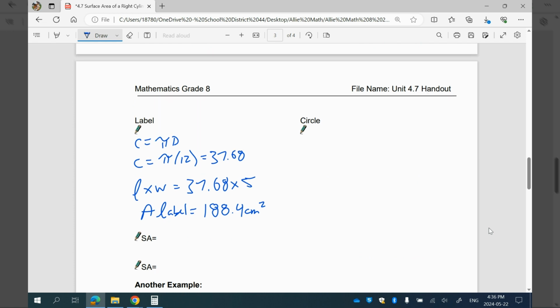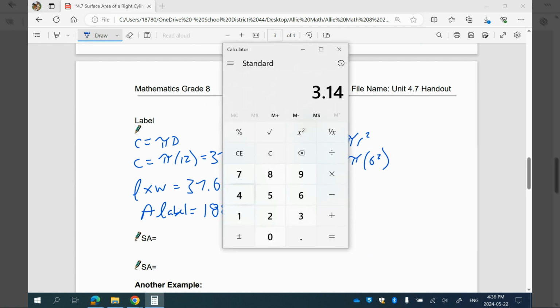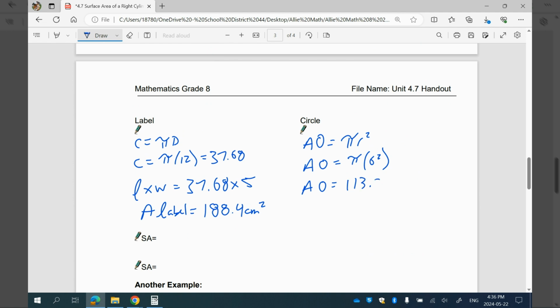And now let's look at our two circles. Remember the area of a circle equals pi r squared. So the area of a circle equals pi times our radius, 6, squared. So the area of our circle equals 3.14 times 6 squared, which is 36. So we get 113.04 centimeters squared.